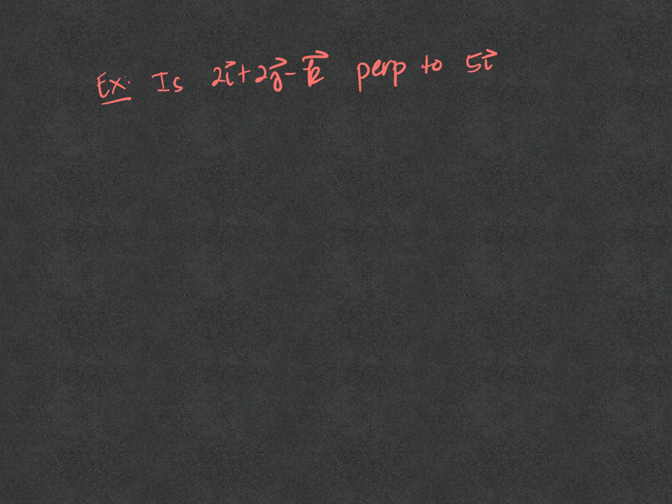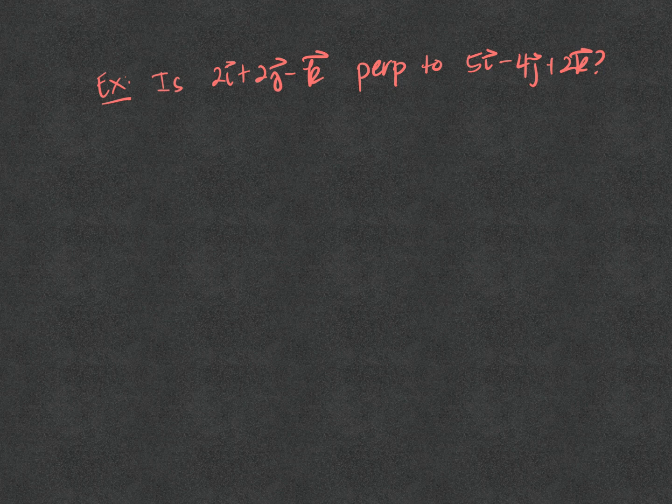So for an example, is 2i plus 2j minus k perpendicular or orthogonal to, they use them interchangeably, which is crazy, they should just use orthogonal, 5i minus 4j plus 2k? So how do we determine if they're orthogonal or perpendicular?